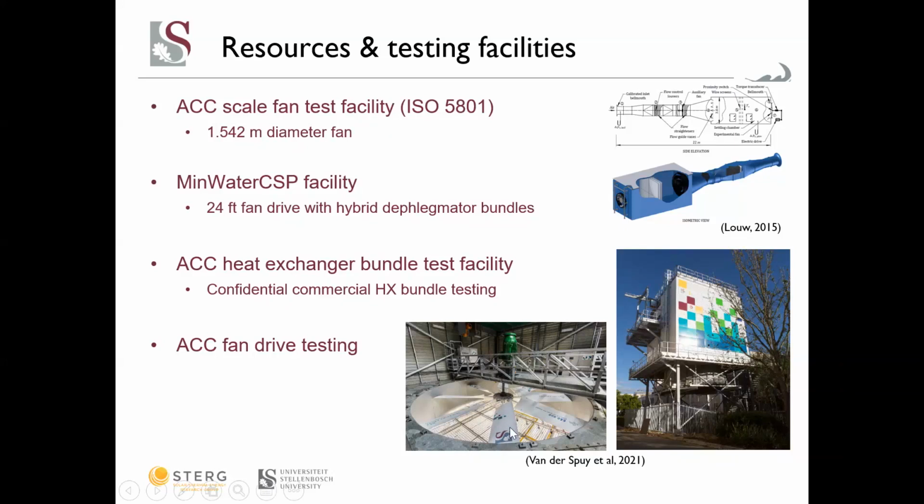It's a 24-foot fan, and it's got a gearbox and a motor. Mounted above it is a cube-like structure on which are these hybrid deflectmator bundles. Hybrid because it's a wet-dry system, and deflectmator because it's the deflectmator part of the ACC bundles, which is mounted above this large 24-foot fan.